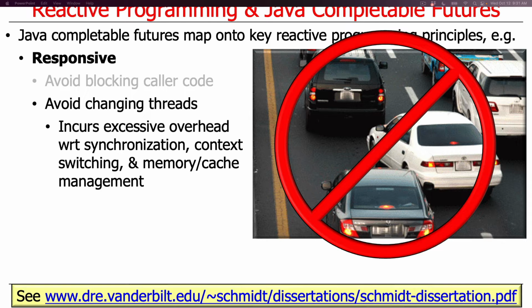This involves synchronization overhead, which is locking overhead, context switching overhead, which is moving entities from one thread to another, stopping one thread, starting another thread, and so on, and memory and cache management. When you move things around between threads or processor cores, you often have to do cache invalidations and cache refreshes, which makes things run slower, even though you don't see it in your code. So moving around between threads can be a problem.